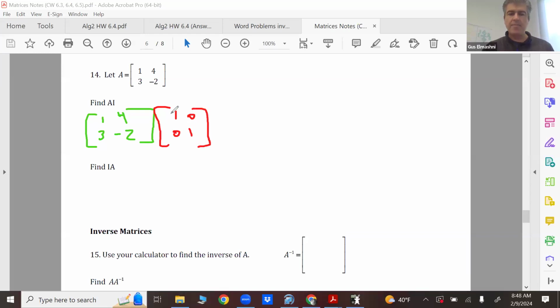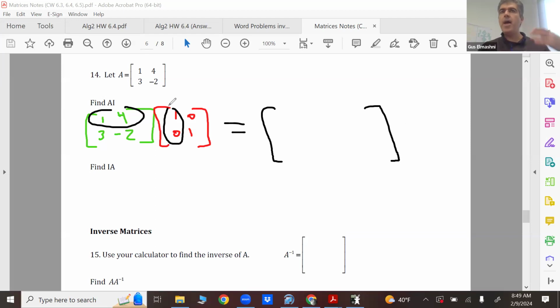So there's A and there's I. Now, if you actually were to multiply this, how is it gonna look? Remember, multiply the first row with the first column. What do you get? 1 times 1 plus 4 times 0, which is what, guys? 1.